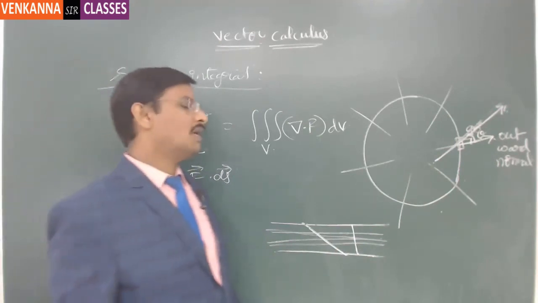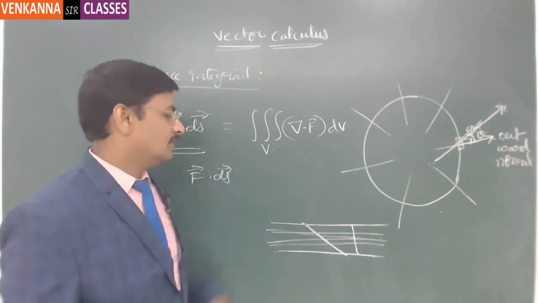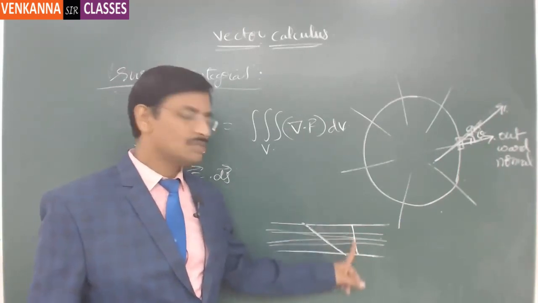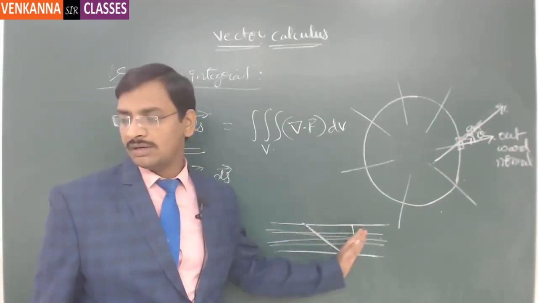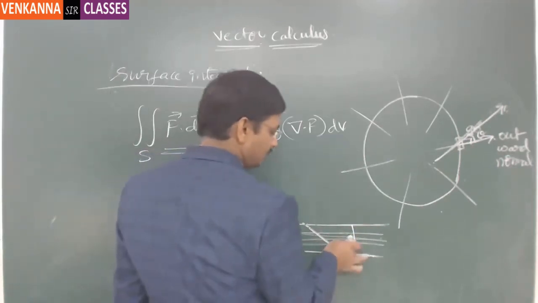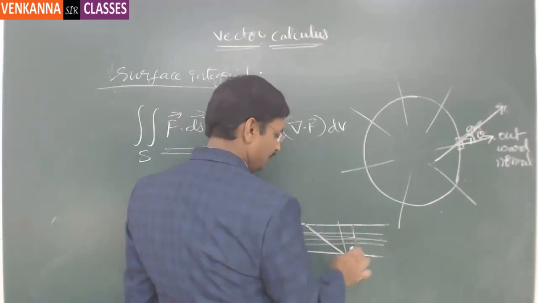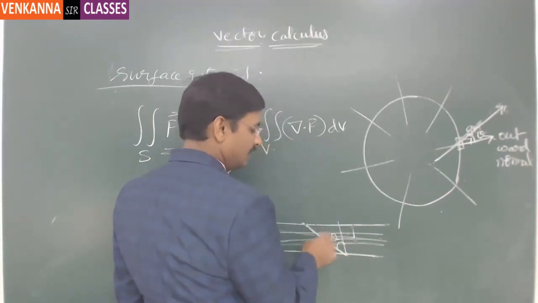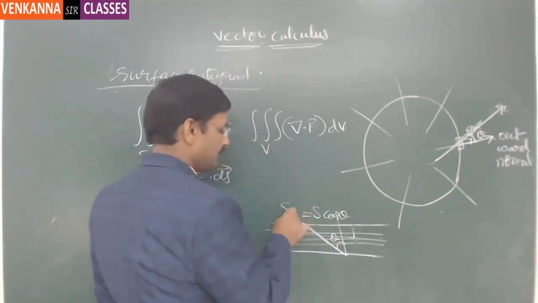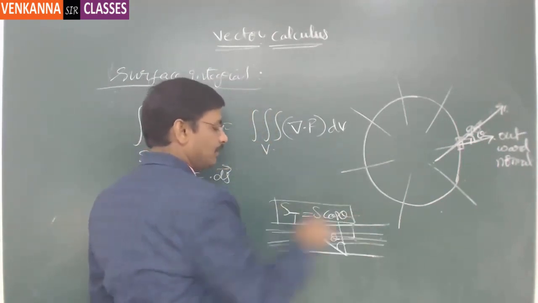That means, though it has more surface area, the effective surface area is the one perpendicular to the flow, right? So if you take this as the angle, suppose this slant surface is here, then S cos theta is the perpendicular surface.